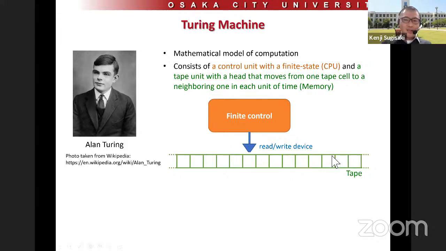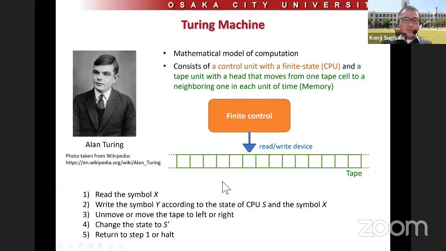And the Turing machine works something like this. First, read the symbol X of the particular cell, and then write the symbol Y according to the state of the CPU and the symbol X. Then move or do not move the tape to the left or right, change the state of the CPU from X to X dash, and then return to step 1 or halt.